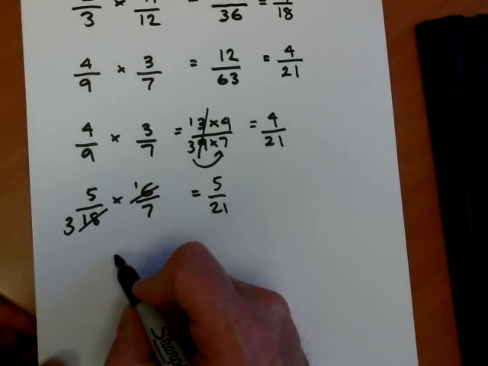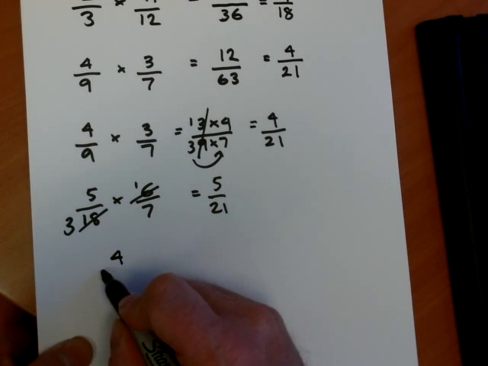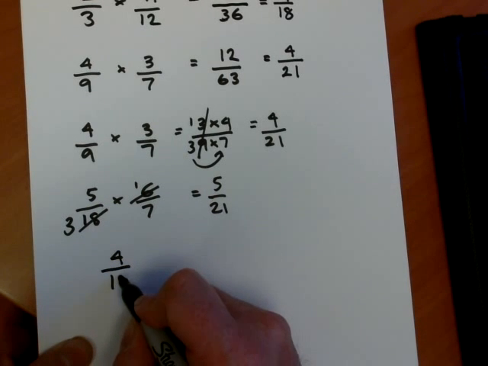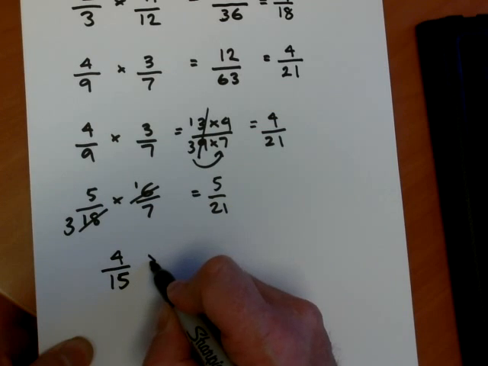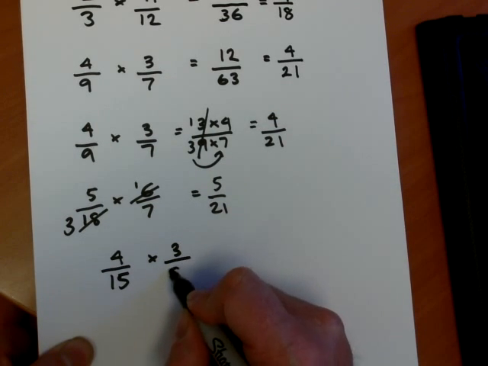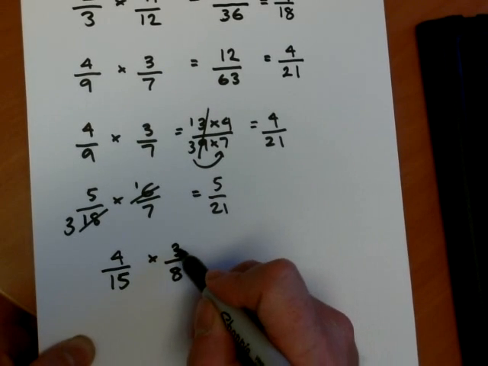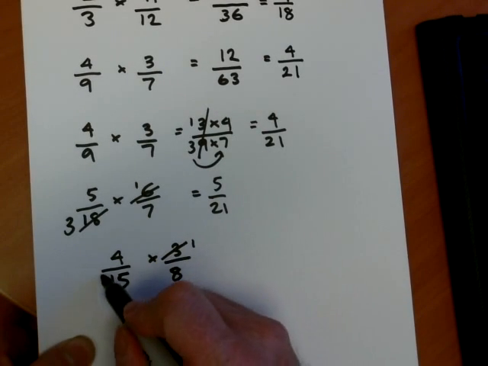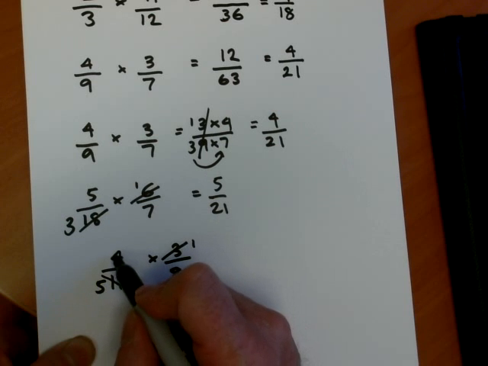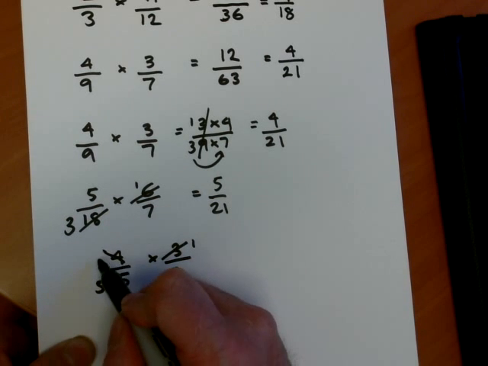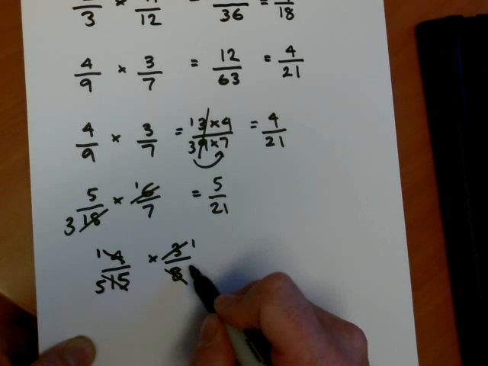So one more, let's do 4/15 times 3/8. Now with this particular one, we've got double cancellations. We can cancel the 3, that will go into our 15 five times, and our 4 will go into the 8 on the bottom twice.